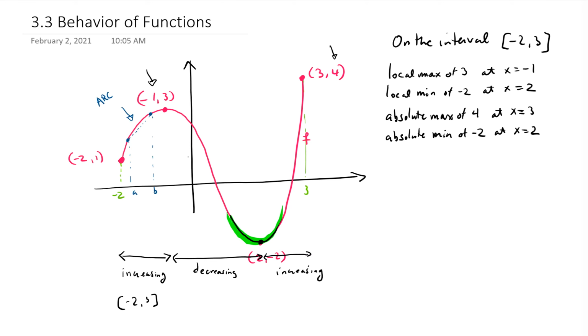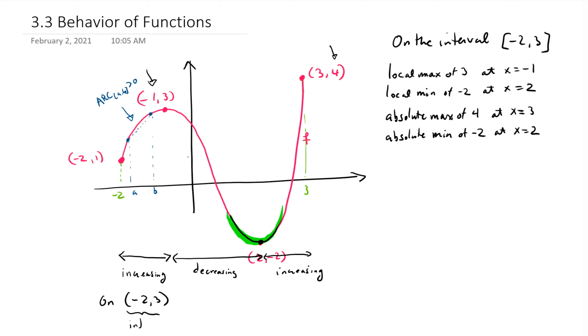So I could write ARC AB. This is actually a way of defining that a function is increasing on an interval. And usually we define increasingness and decreasingness on an open interval. So we're going to say that on the open interval minus 2, 3.